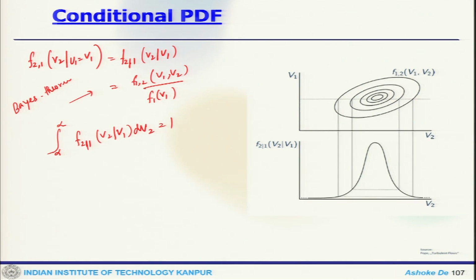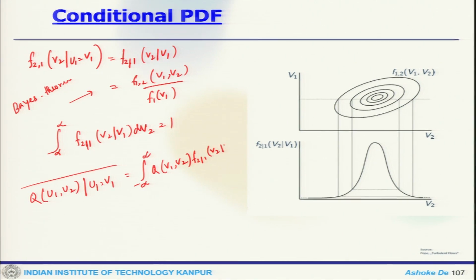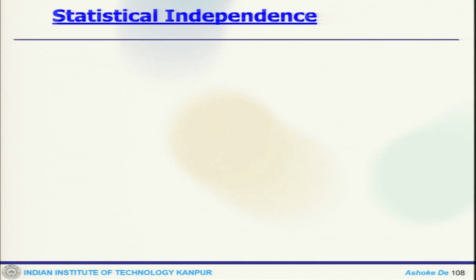Now, the conditional mean of the function Q(U1, U2) conditioned on U1 equals V1 is the integral from minus infinity to plus infinity of Q(V1, V2) f21(V2|V1) dV2. So this is how you can see these things, when you have the sample space and they are conditioned on another variable.